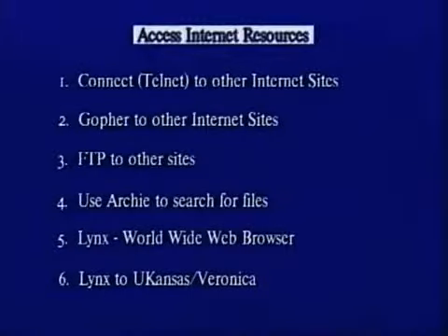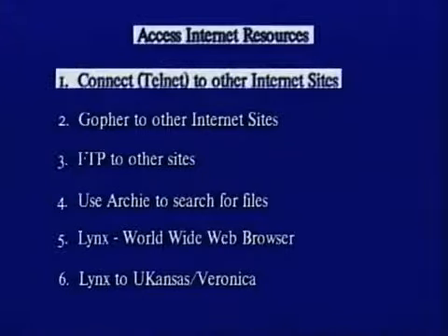What we'll start out with is the menu that comes from our access provider, and we have various services that we can use. The first one is called Telnet. This is a way to log on to other computers that are located all around the world that are hooked into the internet system.